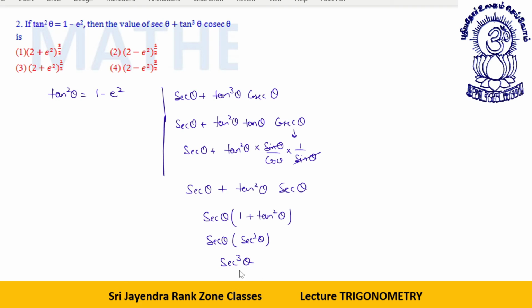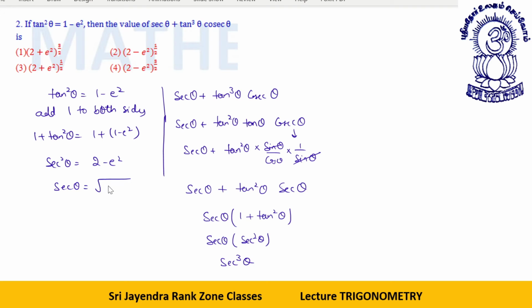What is required right now? Secant cube theta is required. You have tan square theta as this. Let's add 1 to both sides. It becomes 1 plus tan square theta is equal to 1 plus 1 minus e square. So secant square theta is equal to 2 minus e square, or secant theta is equal to under the root 2 minus e square, or I can say (2 minus e square) raised to the power half. Now this secant cube theta is secant square theta into secant theta.